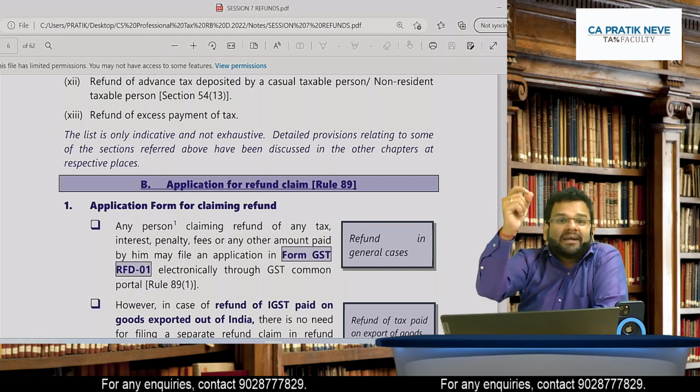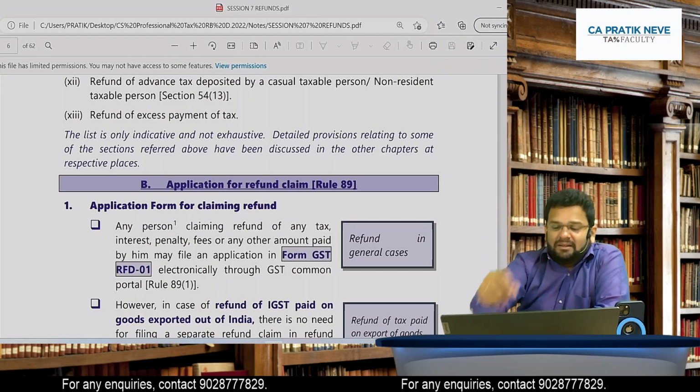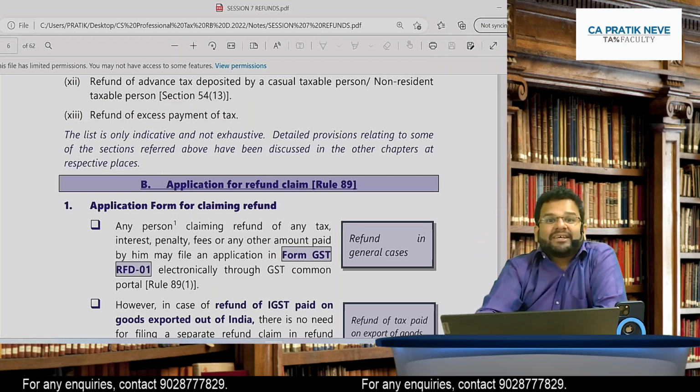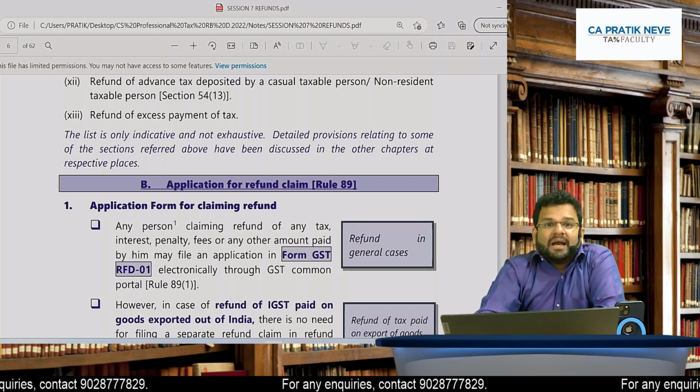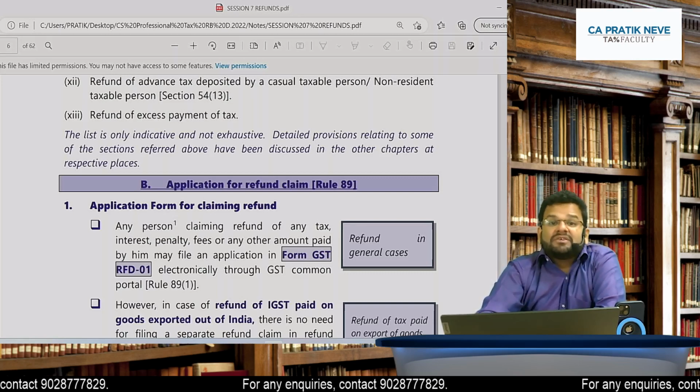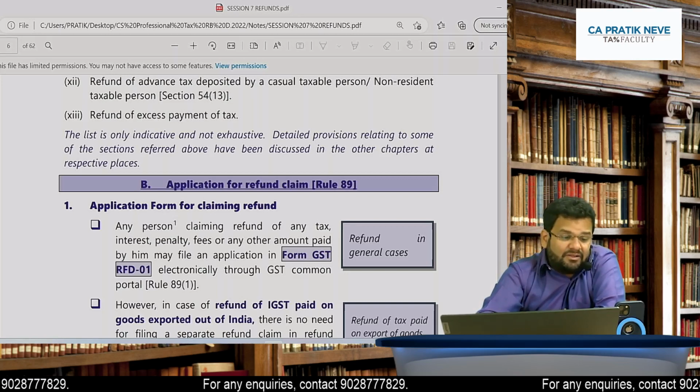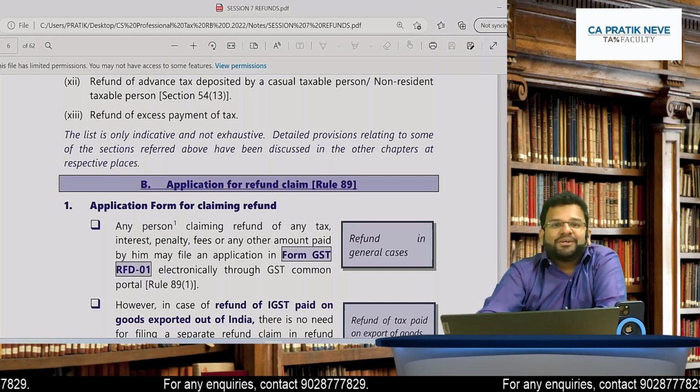So who are the actual entitled or beneficiaries of that refund? Actual beneficiaries of the refund are end consumers. No, not recipient of supply.